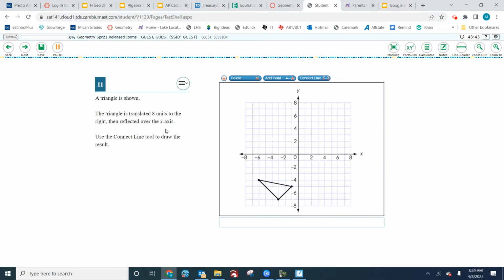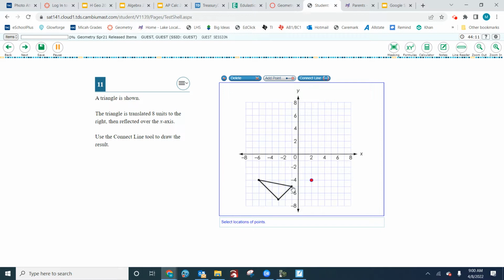All right. The triangle is translated 8 units to the right. Ready? 1, 2, 3, 4, 5, 6, 7, 8. Or you could have said it was at an x value of -6. 8 units to the right is now at an x value of 2. So I'm going to put a point there just as a placeholder at 2, -4. Okay? Just to kind of hold my place. All right. Hey guys, please listen.